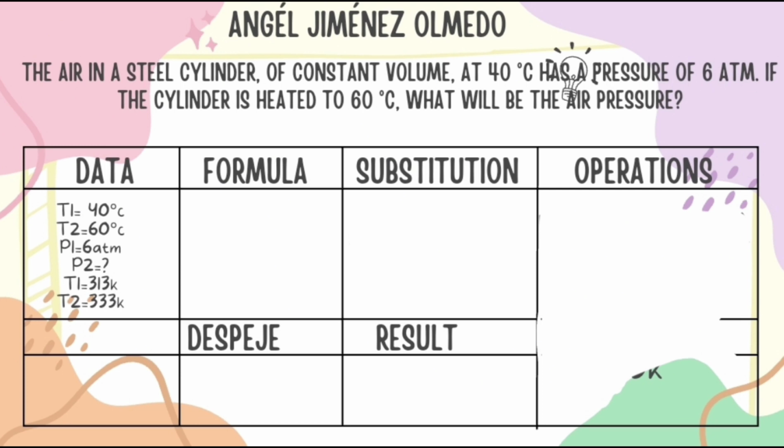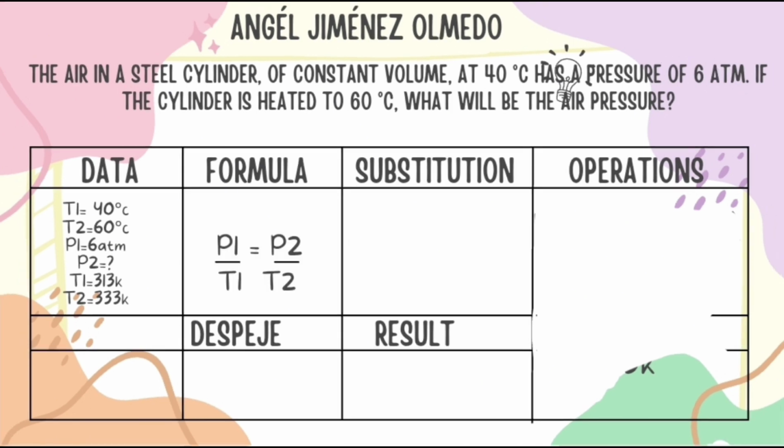After this, 273 will be added to the degrees Celsius to get degrees Kelvin, so the initial temperature will be 313 Kelvin and the final temperature will be 333. Now we will use the following formula, already solved previously: final pressure is equal to initial pressure times final temperature divided by initial temperature.